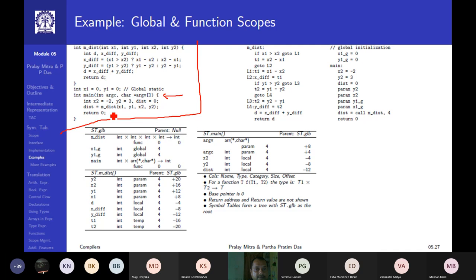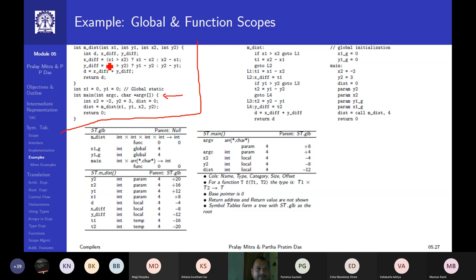Now looking at the function m_dist: int m_dist with integer x1, y1, x2, y2, so 4 parameters are there. Three local variables are there: integer d, x difference, y difference.